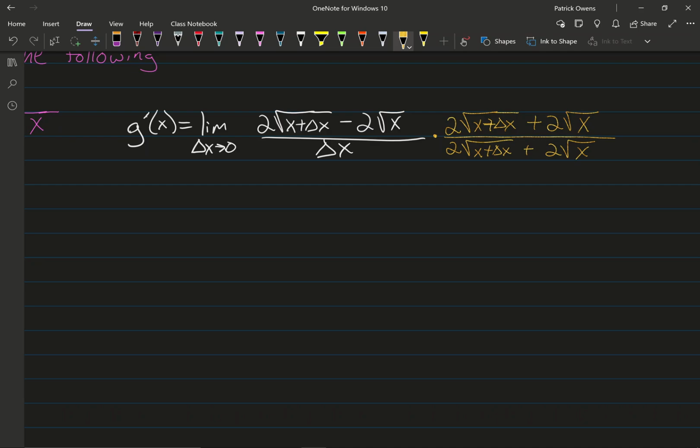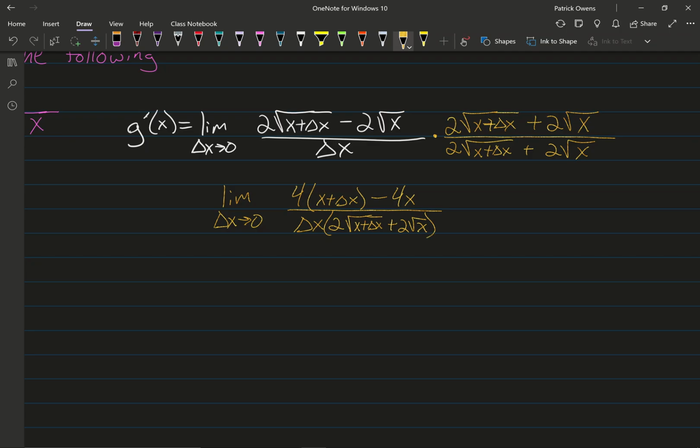What happens in our numerator is that we multiply conjugates and end up with a difference of perfect squares. So it will be this term squared, which is going to be 4 times x plus delta x. And we're subtracting this term squared, which is 4 times x. Our denominator, we can just leave as delta x times that quantity 2 root x plus delta x plus 2 root x.